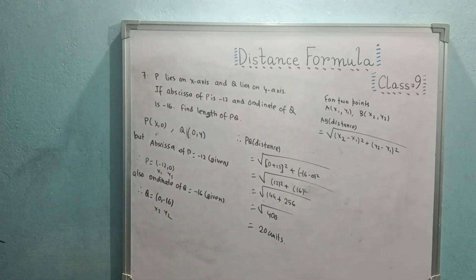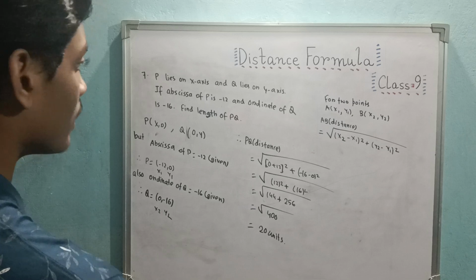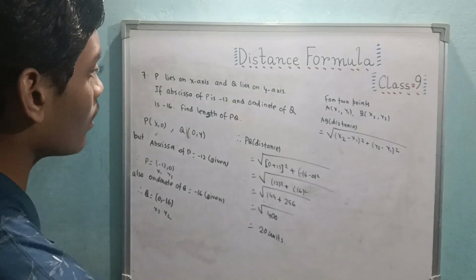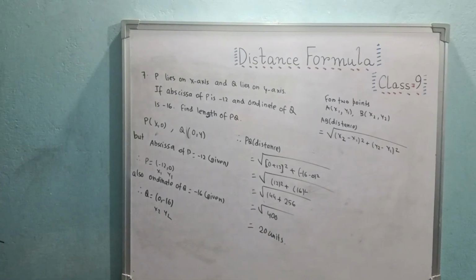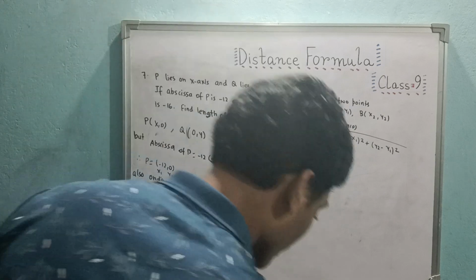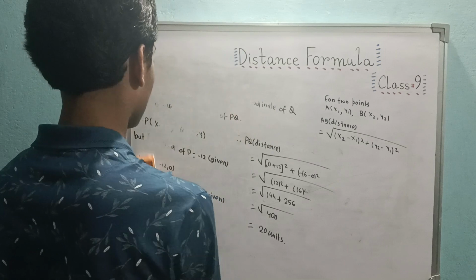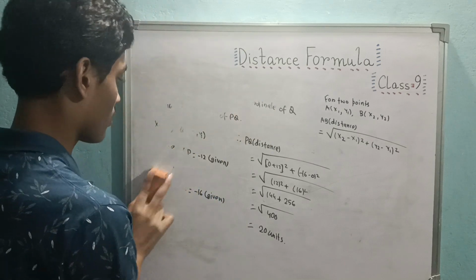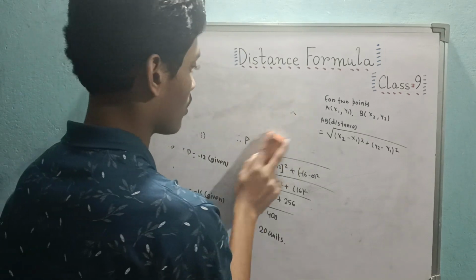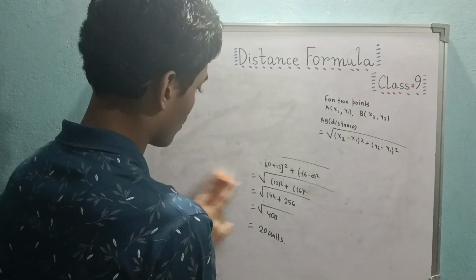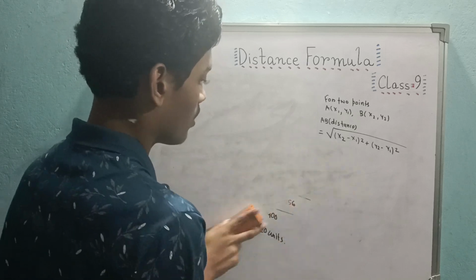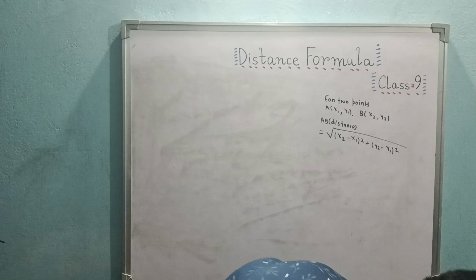Now when we have P and Q, use the formula, substitute the values and get the answer of 20 units. Quite an easy sum. Let's move to the next one. If you just use the formula correctly, this can be quite easy.